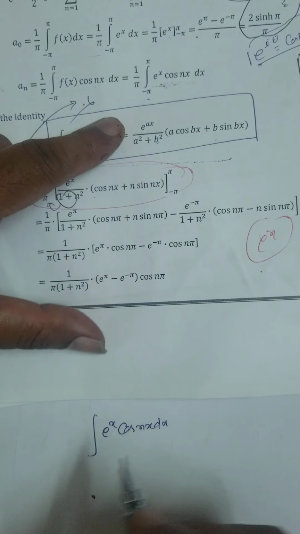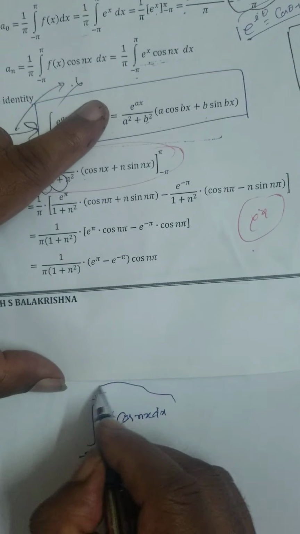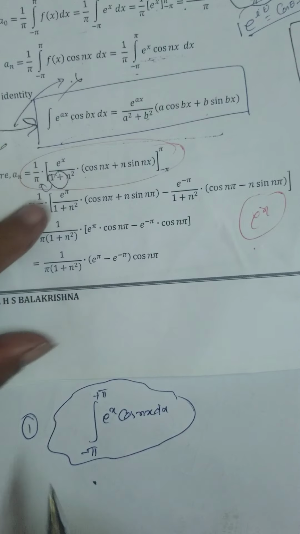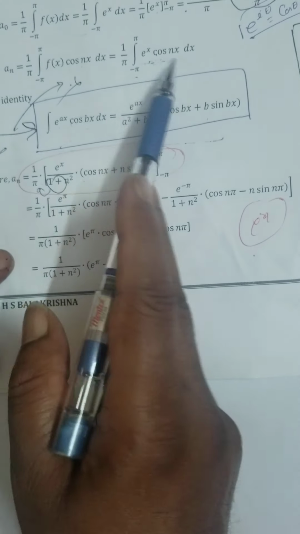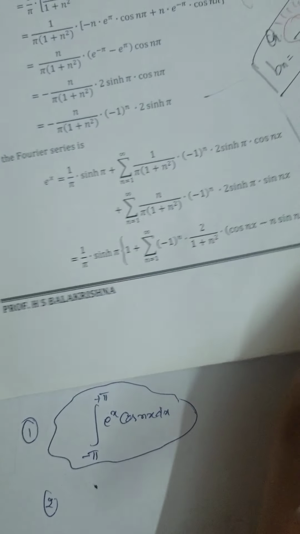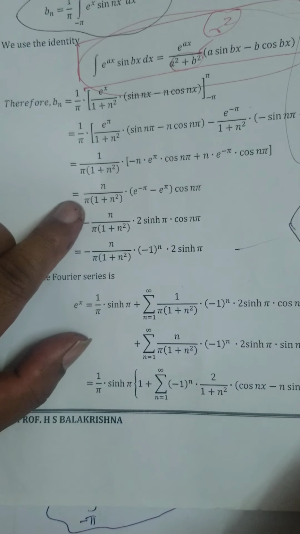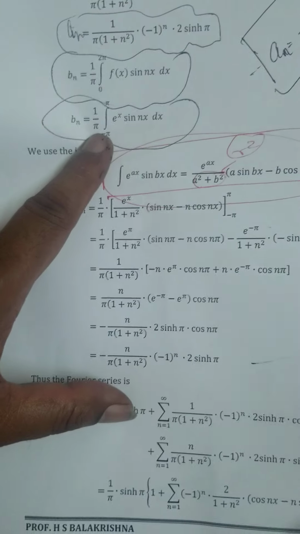Lower limit is minus pi, upper limit is plus pi. This one sum. What is the answer you are supposed to get? We'll see later. Second one, next problem. Where is this? The notes. Yeah, this one.